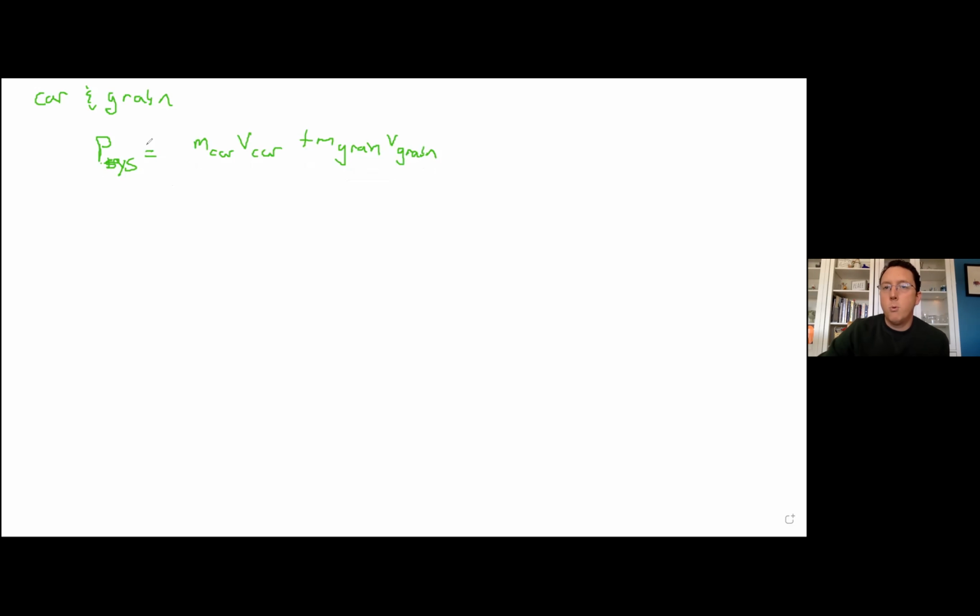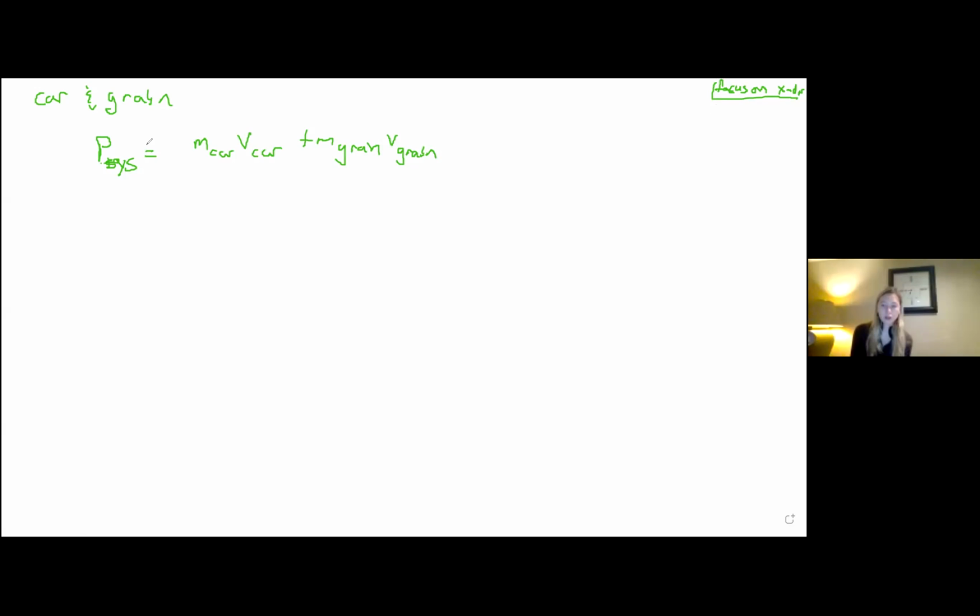And remember, we focus on the X direction. So don't worry about the vertical stuff, just worry about side to side. In particular, at the very beginning, before the grain falls on there, what is the velocity of the grain in the X direction?